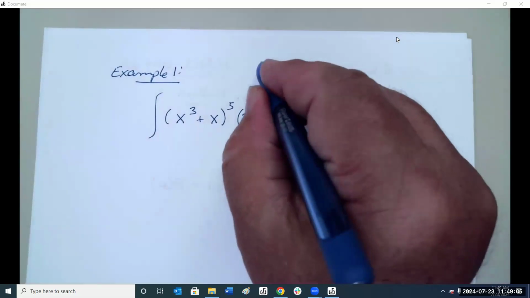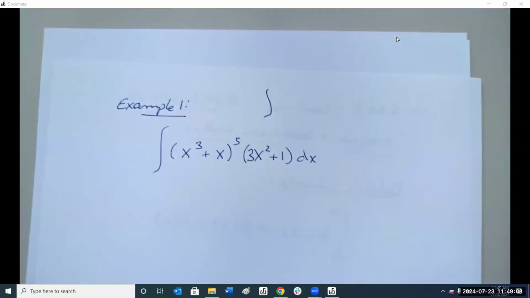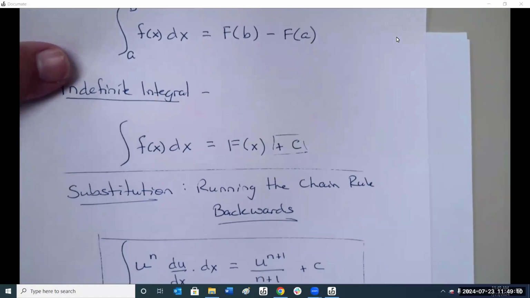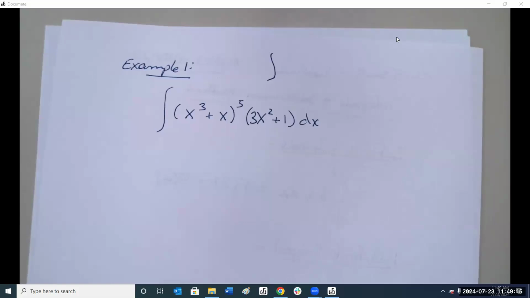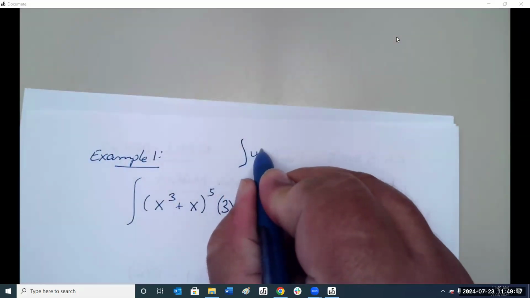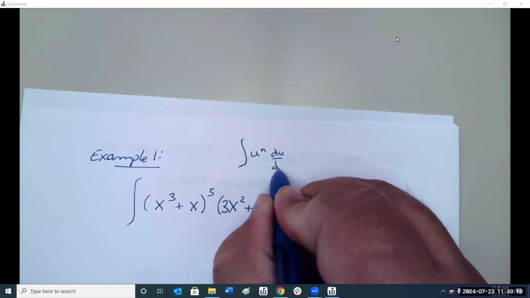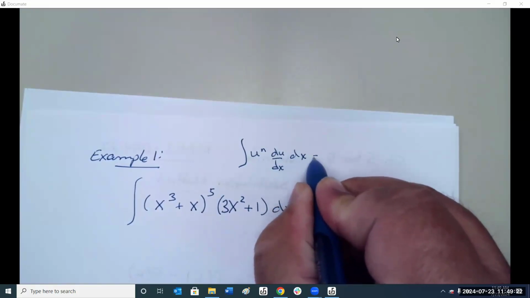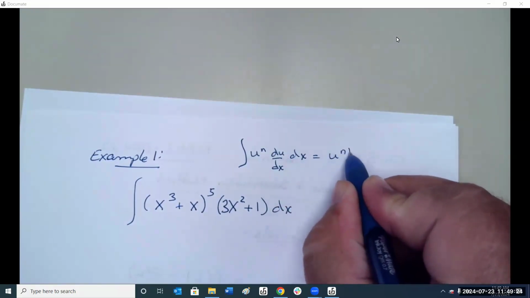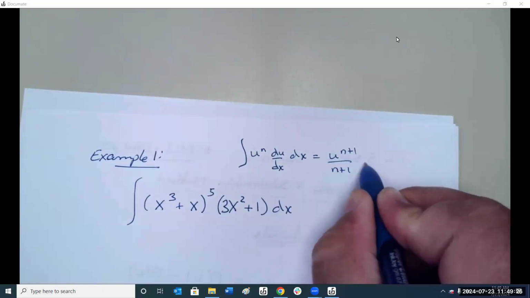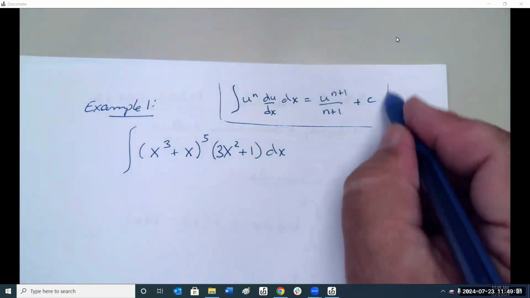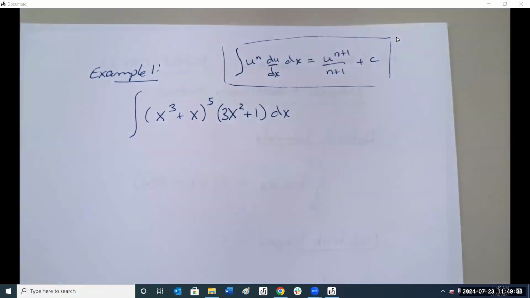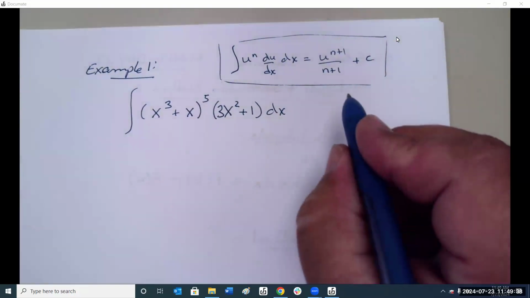Let's put the formula down we're looking at. Remember, we're going to be using this formula here: u to the power n du dx equals u to the n plus 1 over n plus 1 plus c. So the part we have to look at here is which one can the substitution method work?